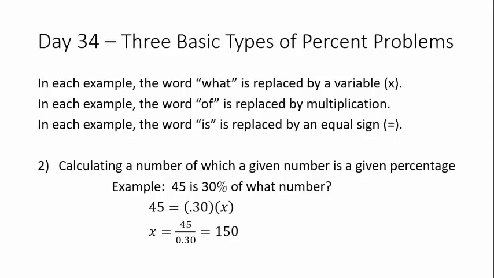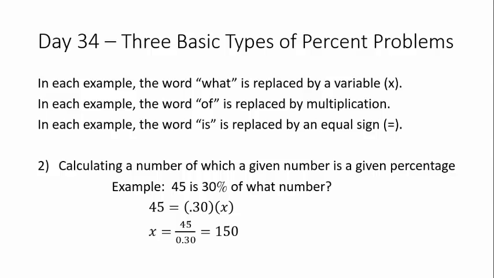The second type problem was calculating a number of which a given number is a given percentage. Our example is 45 is 30% of what number? Let's translate the English statement into mathematical symbols. The is is replaced with an equal sign. The percentage is written in decimal form. Of means to multiply. And what is our variable.